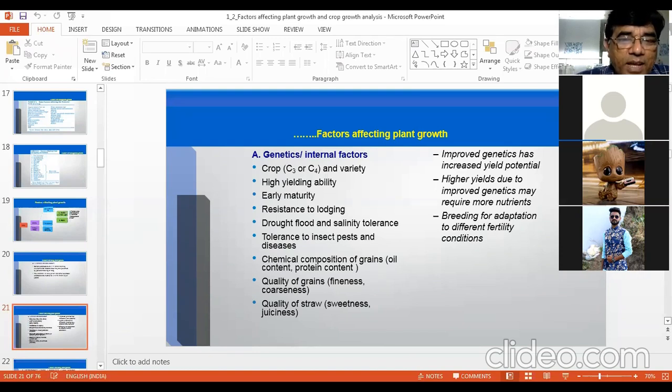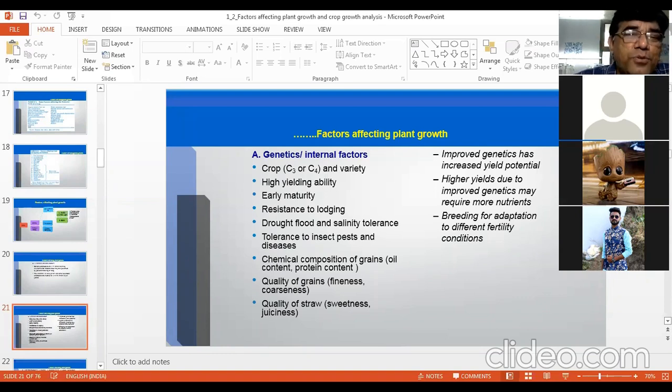Chemical composition of grain, oil content, protein content. So you can see normally energy-rich crop, this is about annual crops, energy-rich crops where your protein and oils are produced in significant quantities. In that case, the growth is less compared to plants which produce more of carbohydrate.